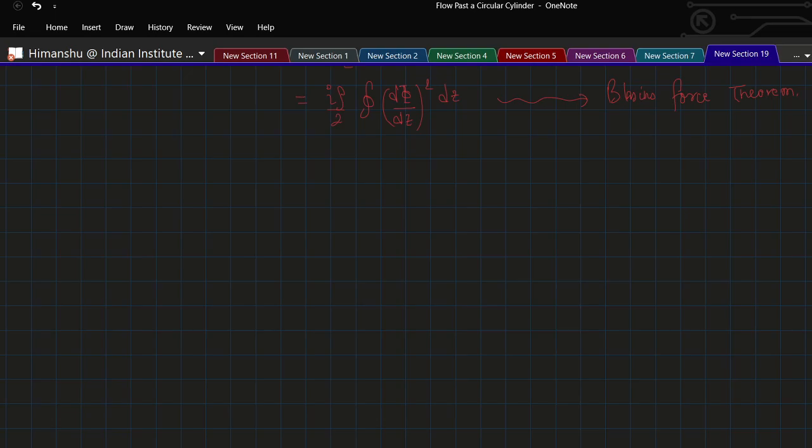where this could also be written as f of z, or we have earlier mentioned w of z. This is the complex velocity.